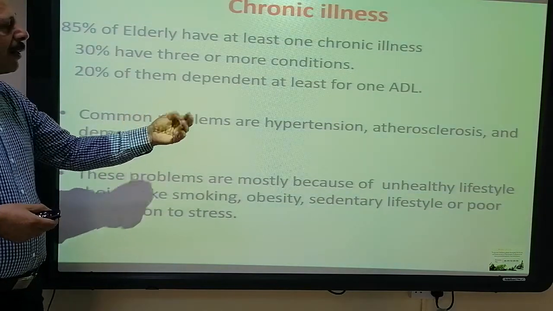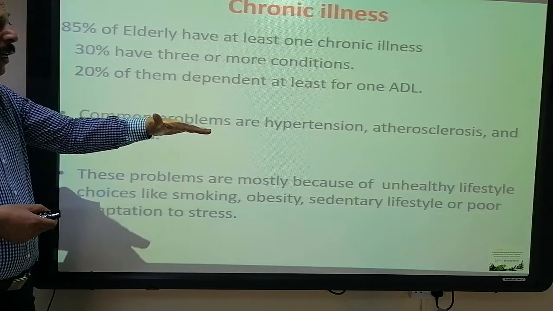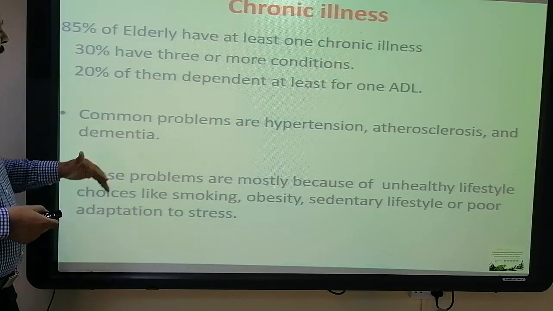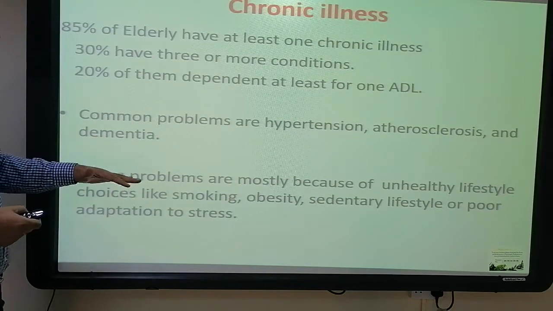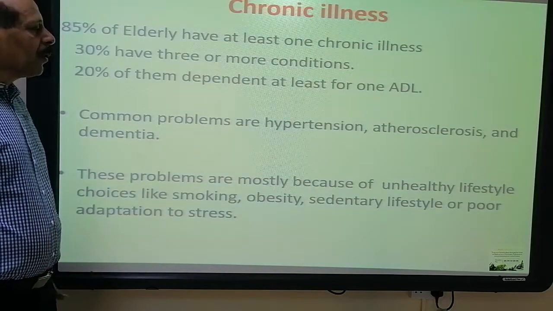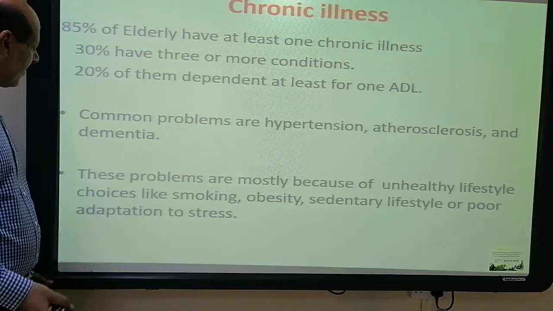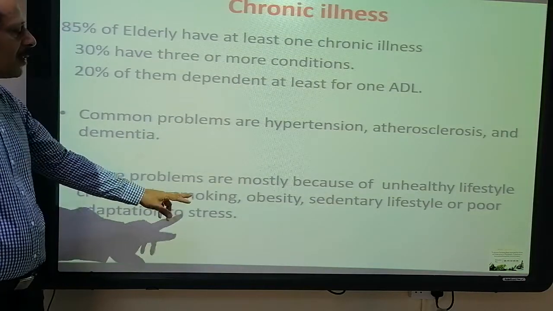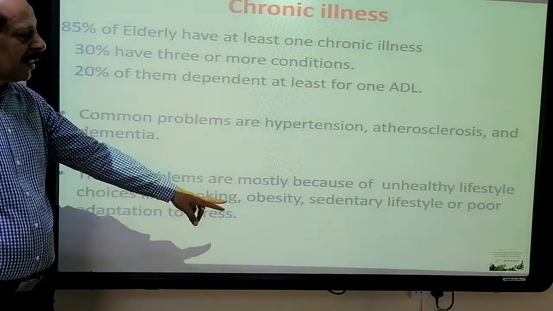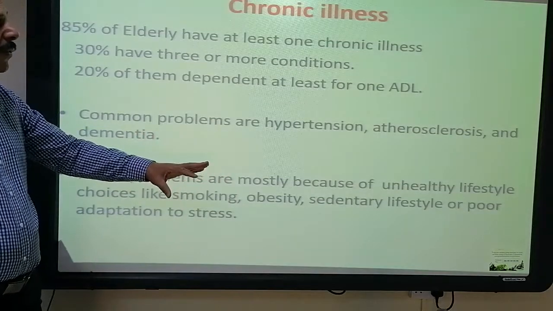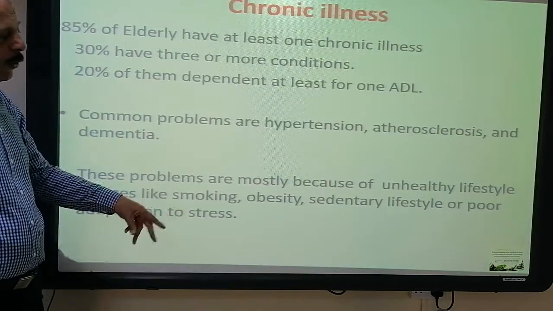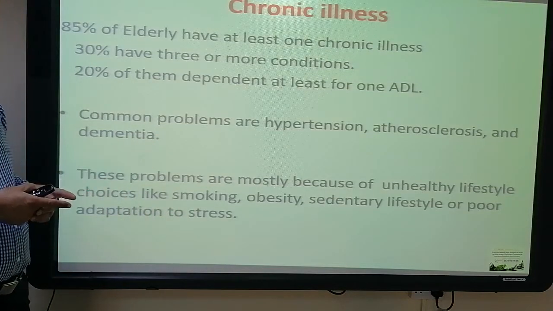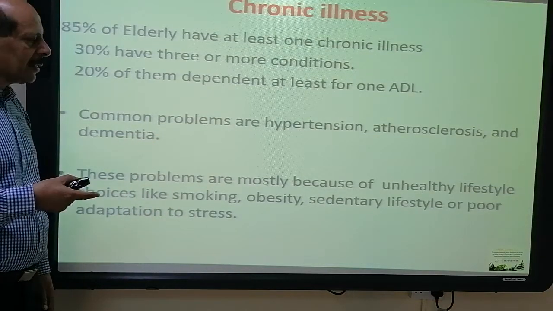Common problems are hypertension, atherosclerosis, and dementia. Those problems are mostly because of unhealthy lifestyle choices like smoking, obesity, sedentary life, and poor adaptation to stress. So those problems arise from those changes.